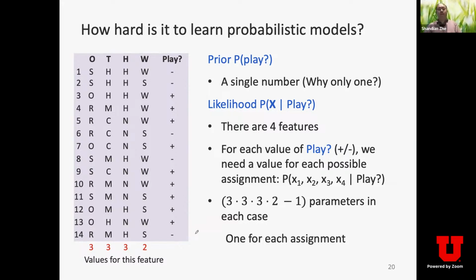And to identify the distribution over these 4 features, we need this many configurations minus 1, right? Why is it minus 1?